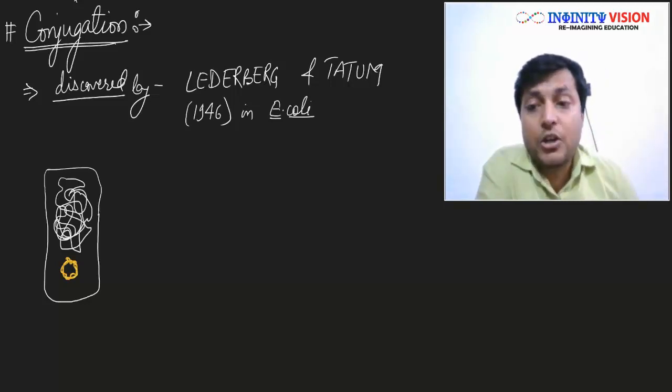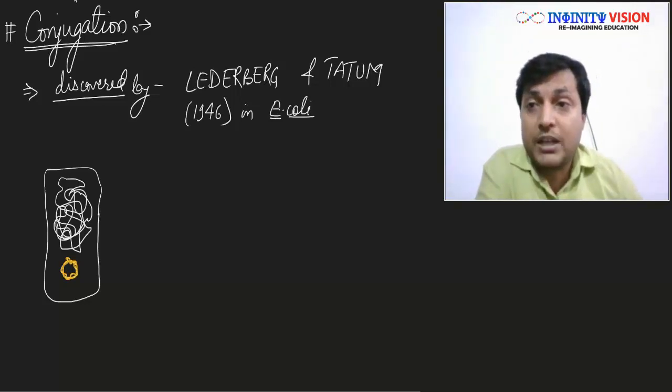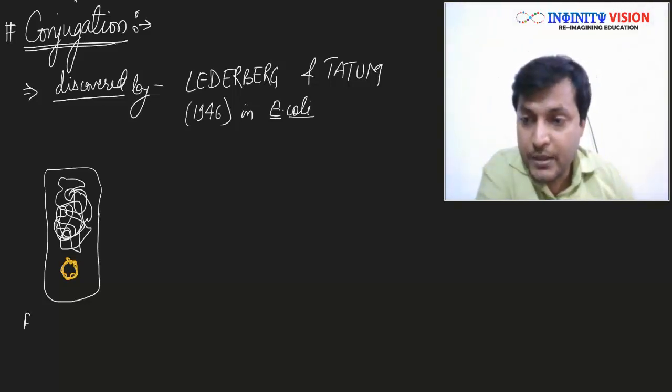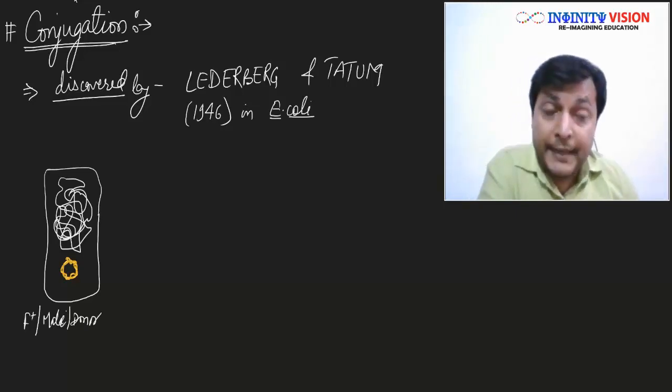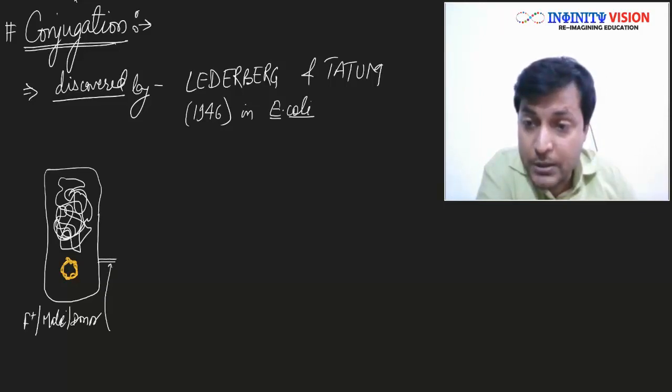Now because of this plasmid, this bacteria is called F positive or male or donor. Okay, why? Because on this plasmid there's a gene responsible for making longer pili or sex pili. Okay, so this structure is called sex pili.